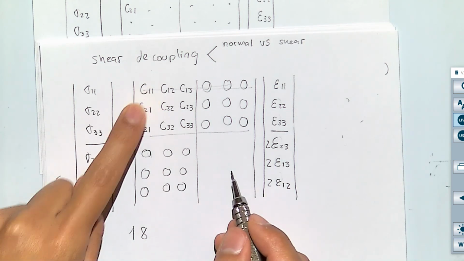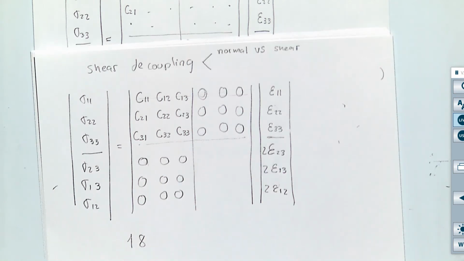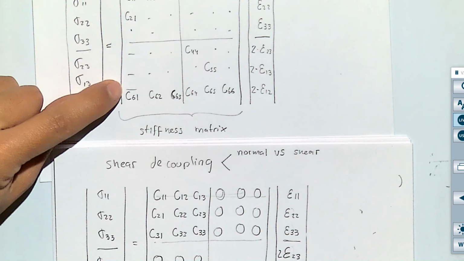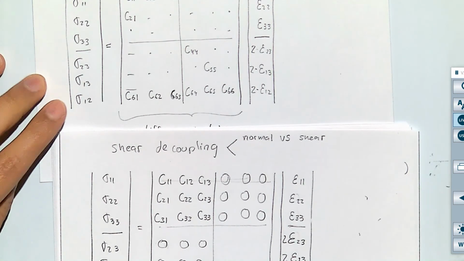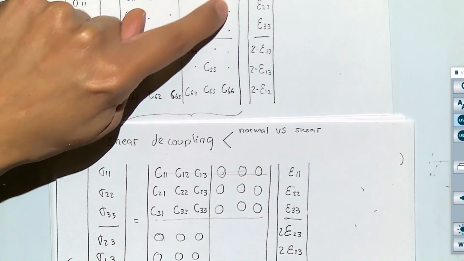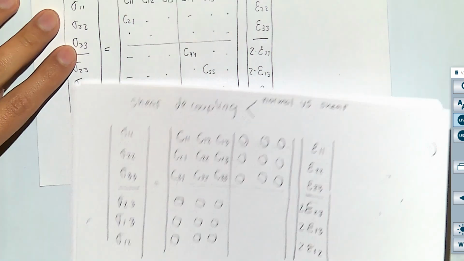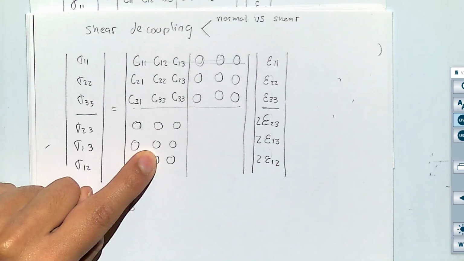So 9 plus 9, that's going to be 18. Make sense or no? So here we have 6 by 6, 36, right? But now these matrices here, 9 coefficients and 9 coefficients, we know what they are. They are zeros. So 36 minus 18, now I have 18.